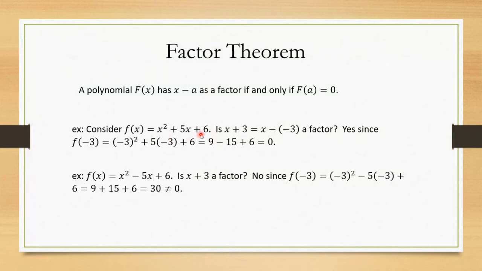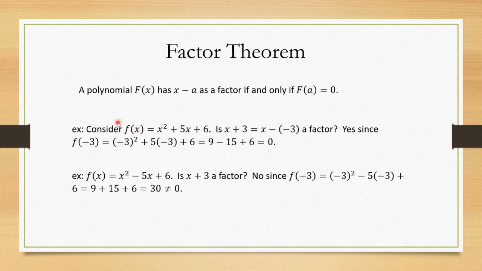Okay. Well, the first question is x plus 3, which is really x minus negative 3. Remember, you want it to be x minus. Is this a factor of f here? Well, using the factor theorem, I know here I have capital F, here I have little f, but it's really the same idea. If you did little f of minus 3, so a is minus 3, we get 0. So that tells us, yeah, it is.